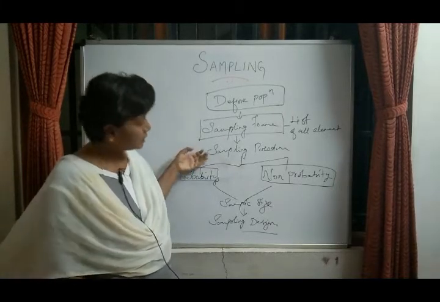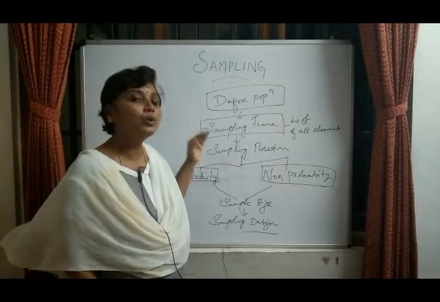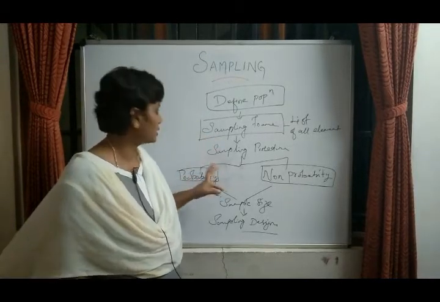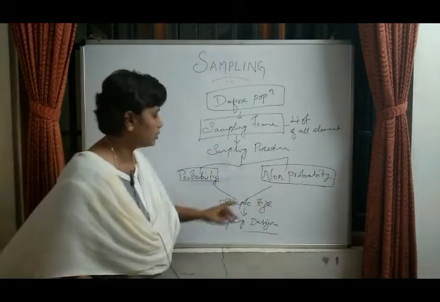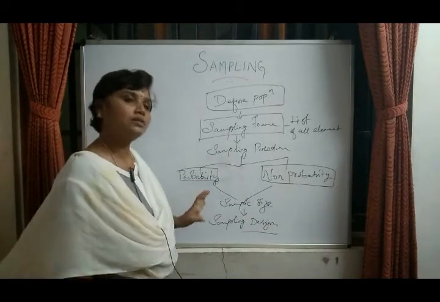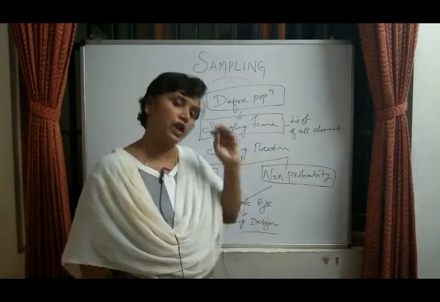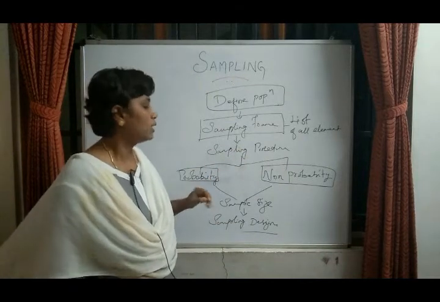Okay, and the next one, we have to decide in which way we have to do the procedure for the sampling. There are two types of sampling, the probability sampling and the non-probability. We have to determine which one we are going to use. In case of a larger population, we have to go with random, that is probability sampling.